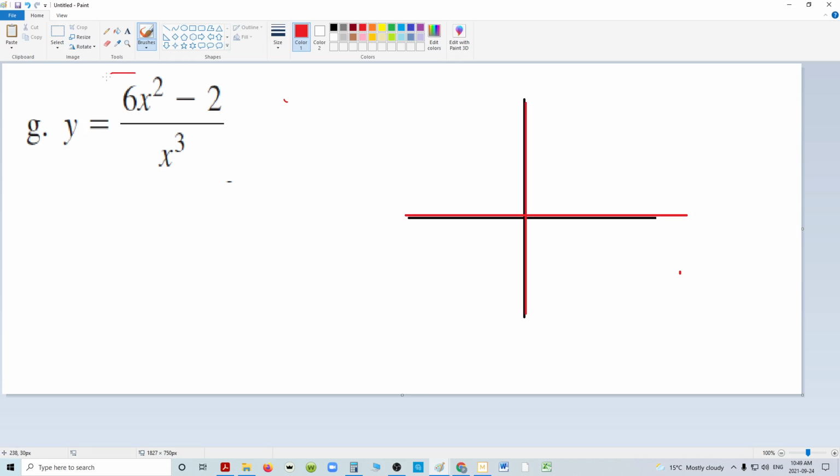I was going to figure out 1. So negative 1 becomes 6 minus 2 over negative 1, which is negative 4. So that means negative 1 here is at negative 4. So that tells me it's going to dip quite low and then climb up through negative 1 and 4. And if I take just to the right of that x-intercept, I need to know what square root of 2 over 6 is.